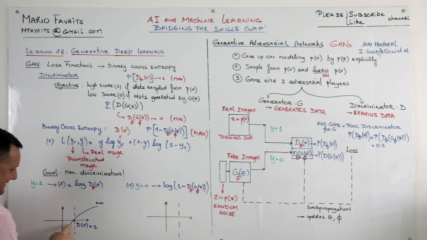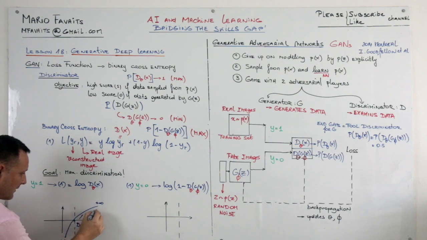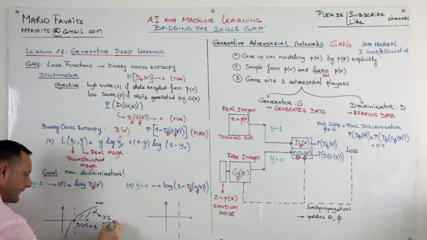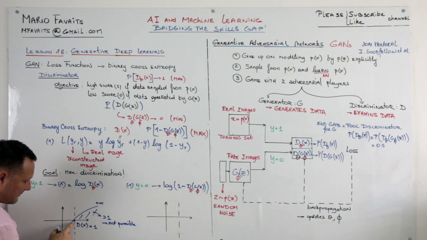So if we want to maximize it, we're going to end up at 1, and that's exactly what we want. This area here is bigger than 1, so that's not possible. We deal with probability, so the maximum we can get is here.